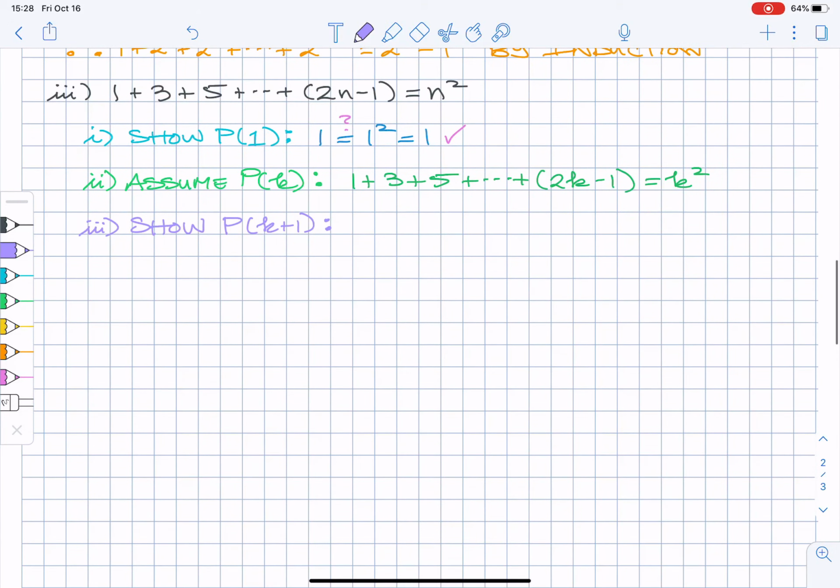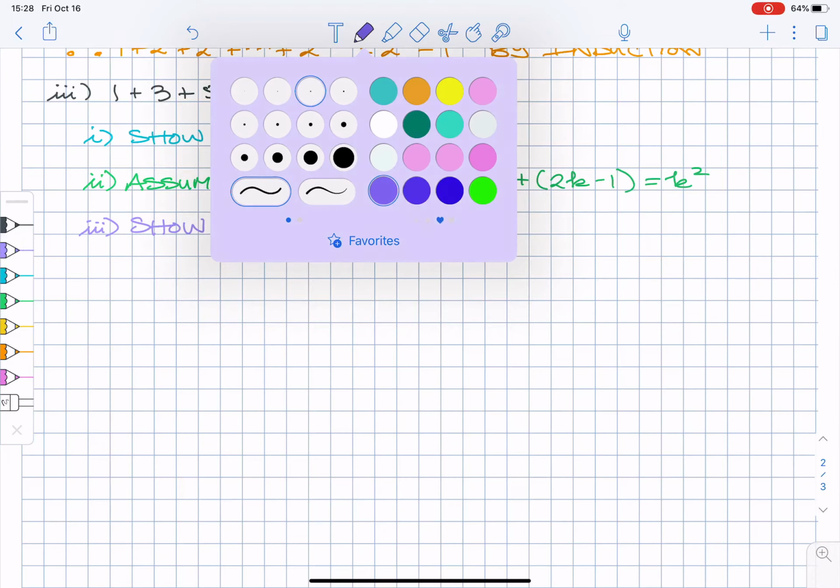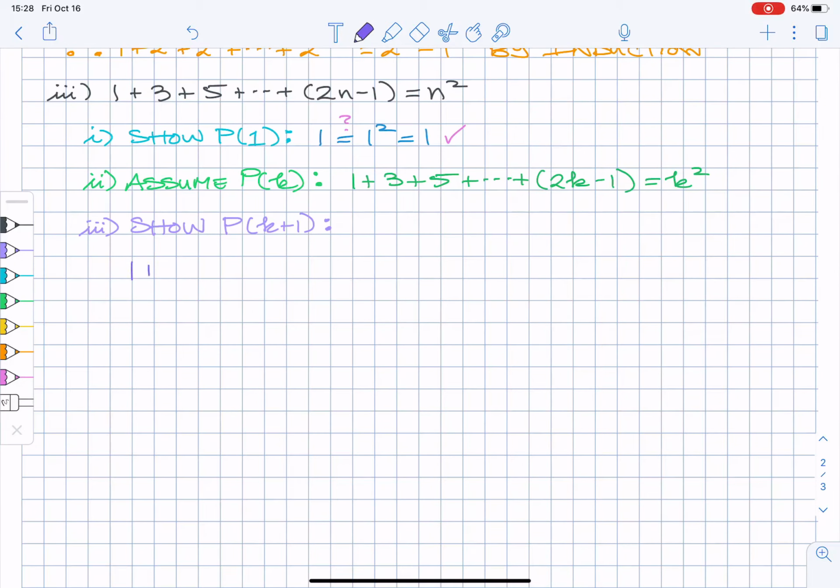So what is p of k plus 1? That would be 1 plus 3 plus 5 plus dot dot dot plus 2k minus 1, and then I'm going to add to that twice the quantity k plus 1 minus 1.